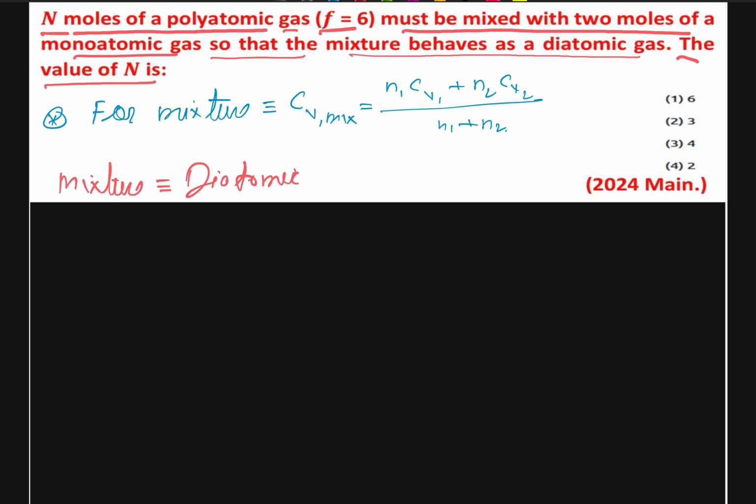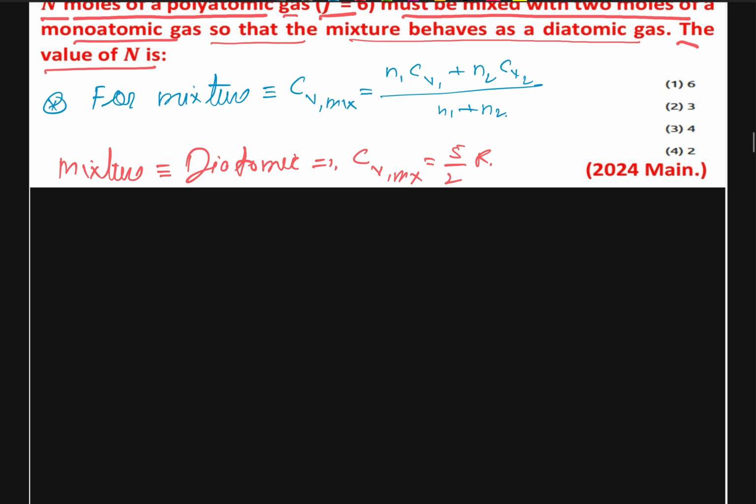If it is supposed to behave like a diatomic, we can write that Cv of our mix will be equal to 5 by 2 times R. For our polyatomic gas, the degree of freedom is given to us as 6.